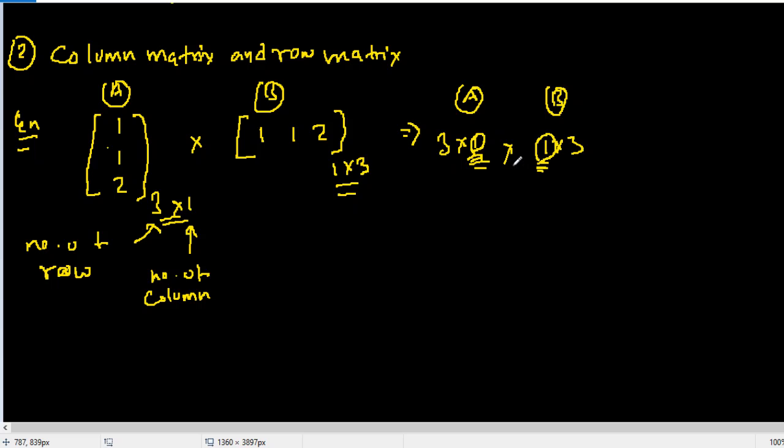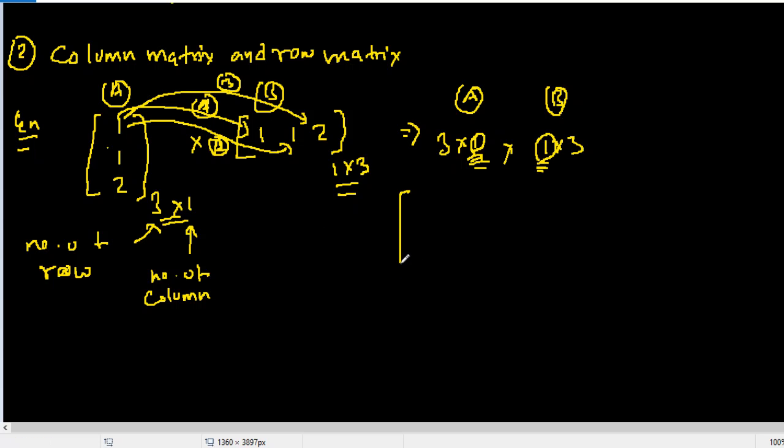For this, first this number is multiplied with this one, then with this one, and then with this one. I'm going to label them first A, second B, it's 1, it's 2, and it's 3. So do it.